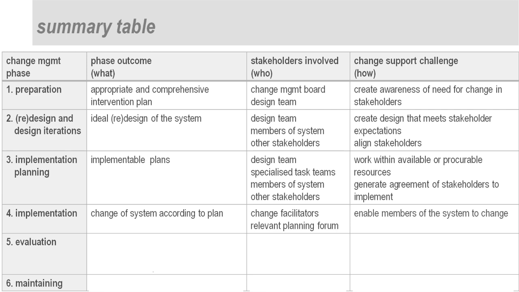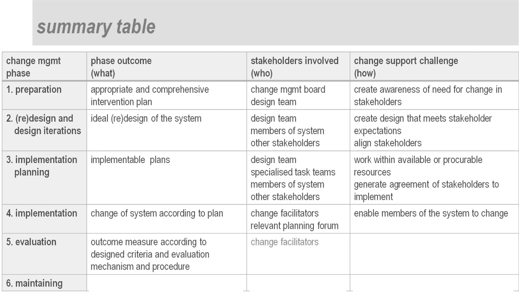The fifth phase is the evaluation phase. The outcome is the measurement according to previously designed criteria and evaluation mechanisms and procedures that have been set up for that purpose. The stakeholders involved are the change facilitators and then the relevant planning forums whose change is being evaluated.